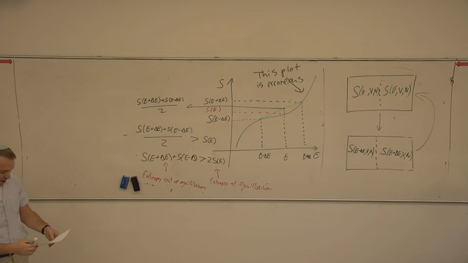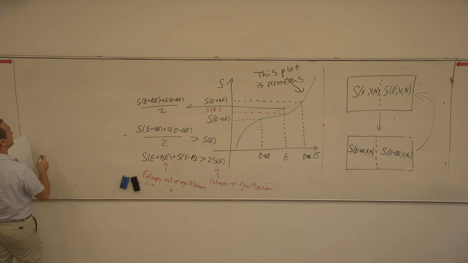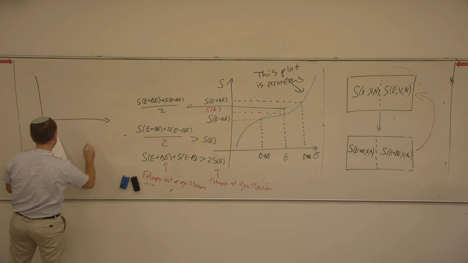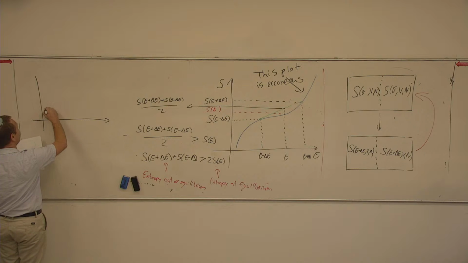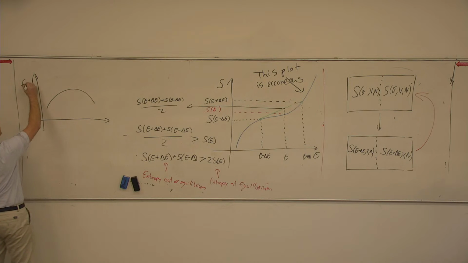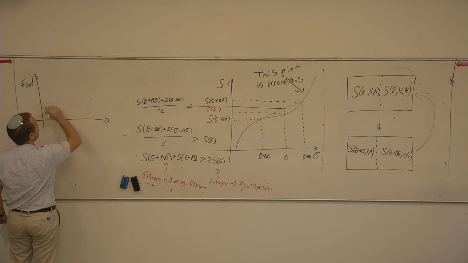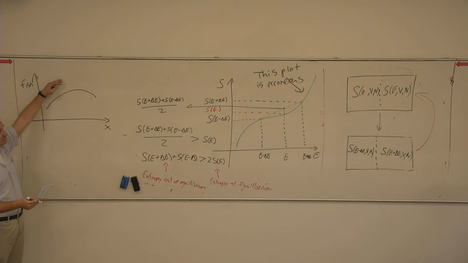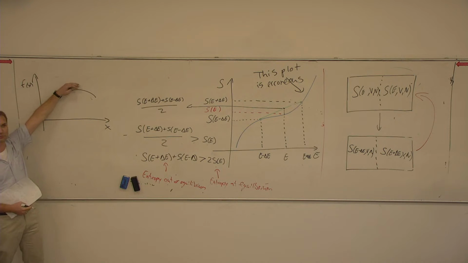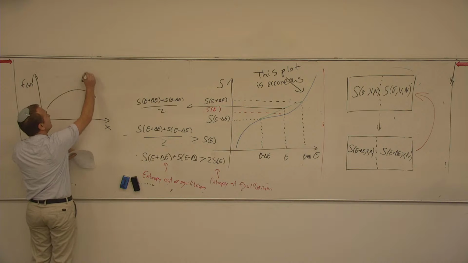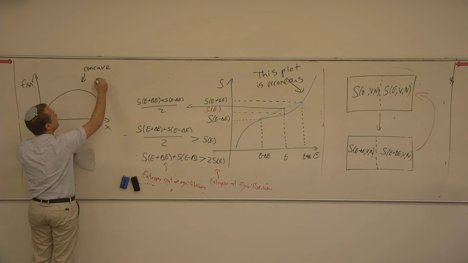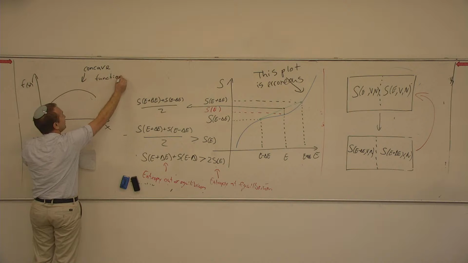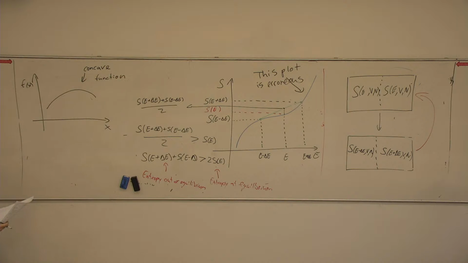Okay. So if I have, this is f(x), and this is x. So I have something that looks like a cave, right? It looks a little bit like a cave. So this is a concave function. In Hebrew, you say, well, it's actually the other way around.